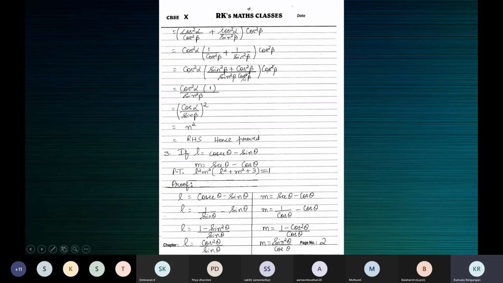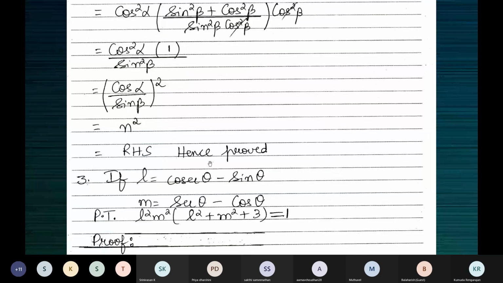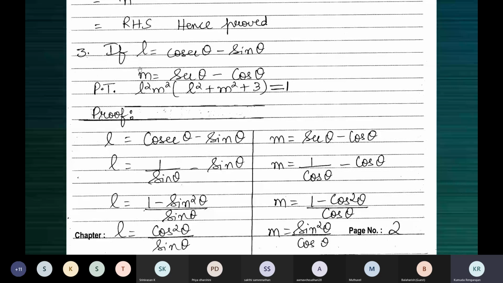Now this is slightly different. Here L is equal to cosecant theta minus sine theta, and we know that cosecant can be written as 1 by sine. Instead of substituting and then simplifying, it's better you simplify this expression and then substitute. Both ways you will get the answer, children.